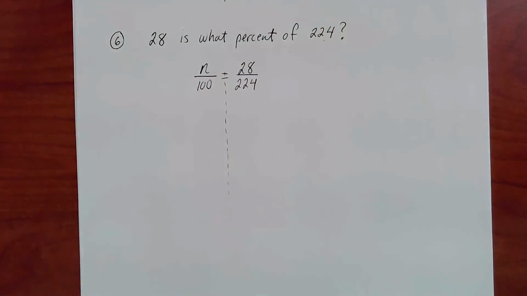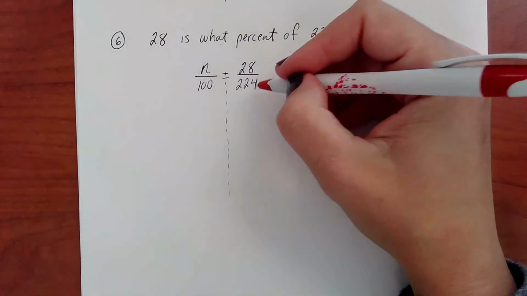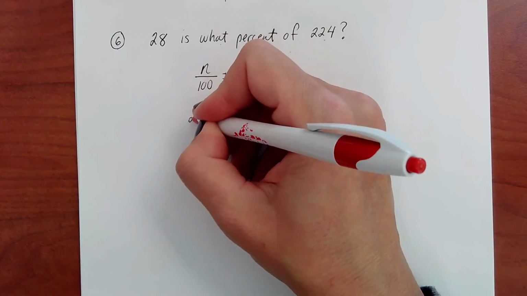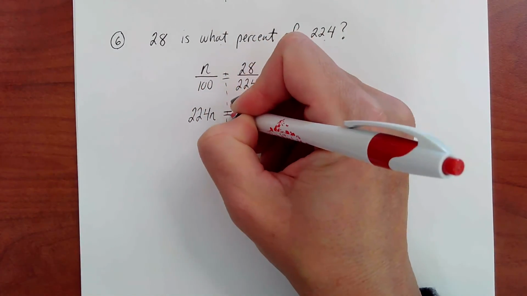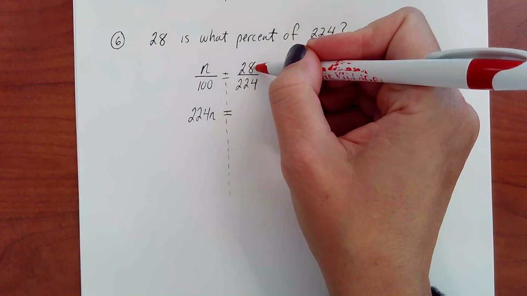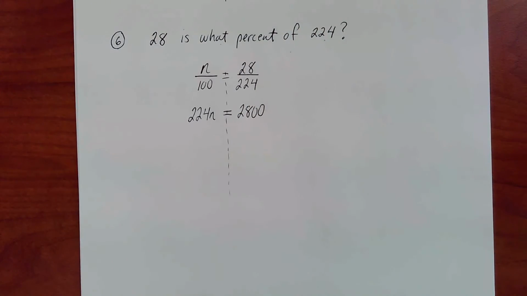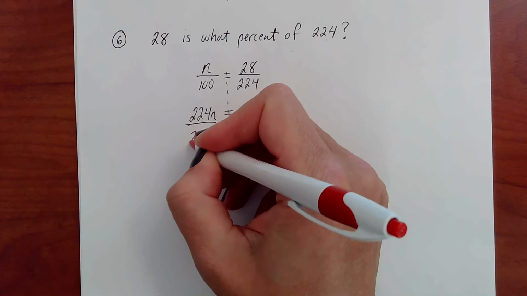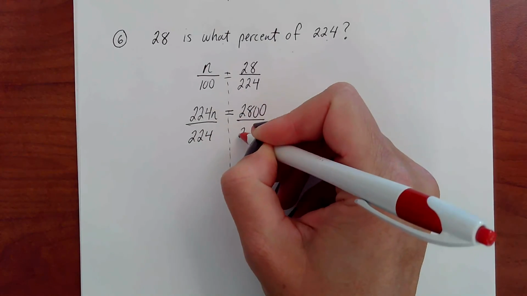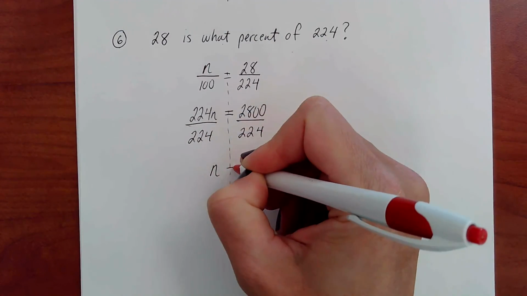Here we go. Okay, 224 times n is 224n. 28 times 100 is 2800. And one more step to get n by itself. We're going to divide by the 224.